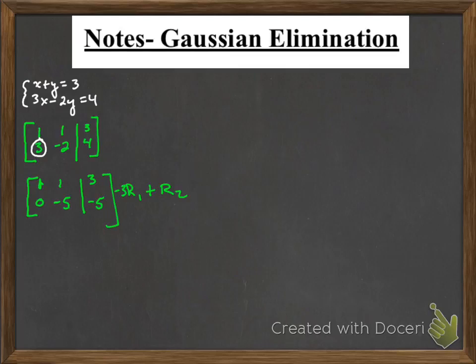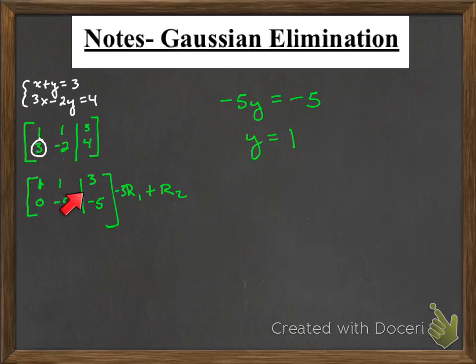So once we have this situation where you have a 1 in the corner and then a 0 underneath it, we can write two equations out of this. Remember, this spot right here represents the coefficient for the y value. So this can be written as -5y equals -5, which means y is equal to 1.